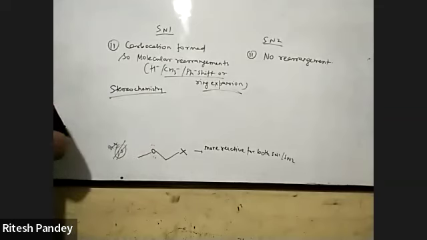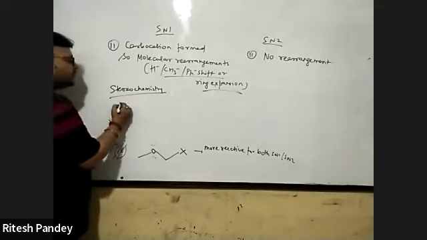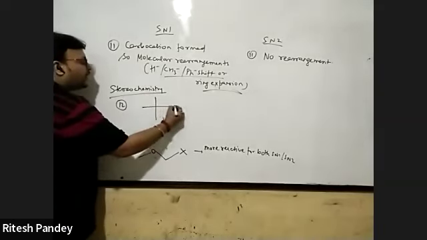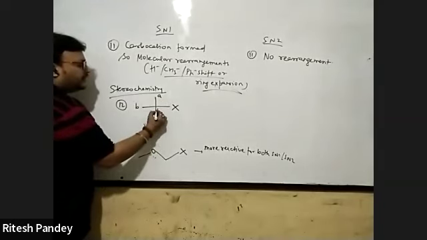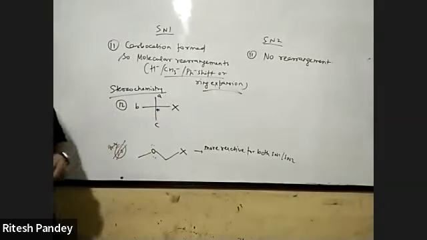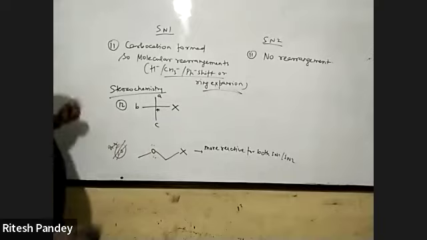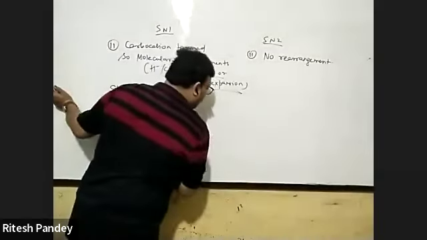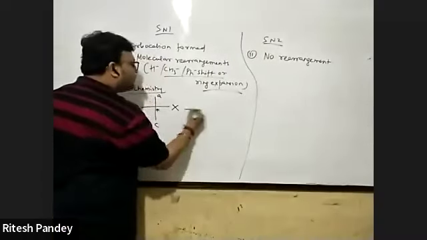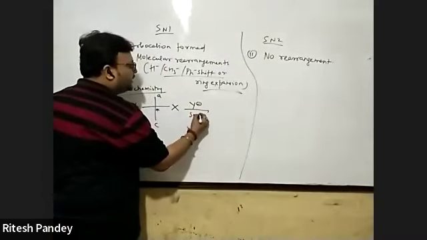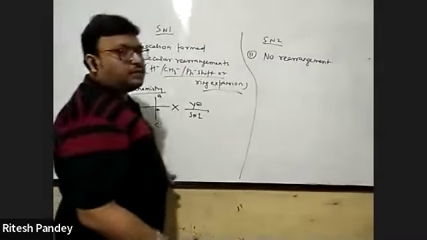But stereochemistry is about, say, a corresponding special projection. When I make this ABC, it becomes chiral. Who will tell me what happens in Sn1? Suppose in Sn1 I treat this with y minus, Sn1 is happening naturally, what will happen?